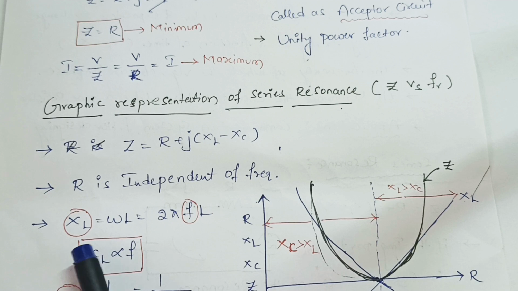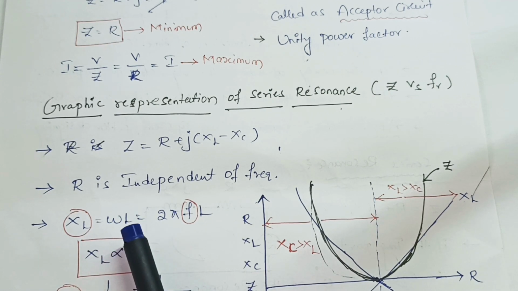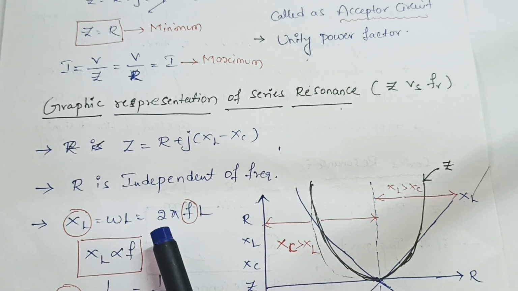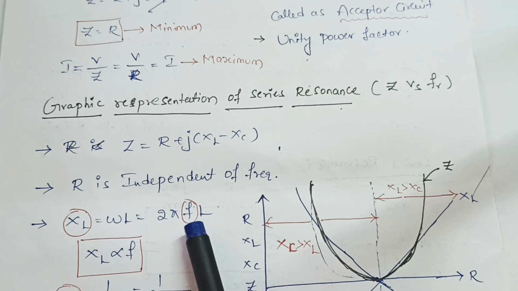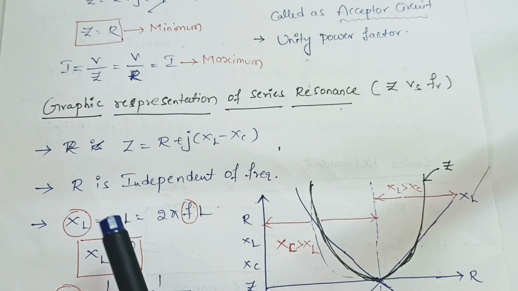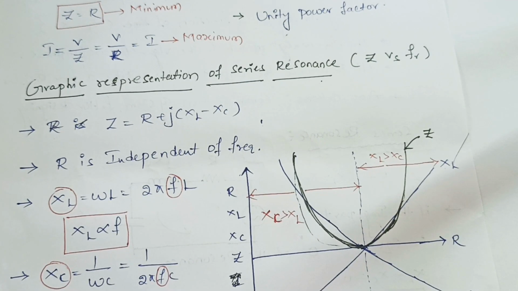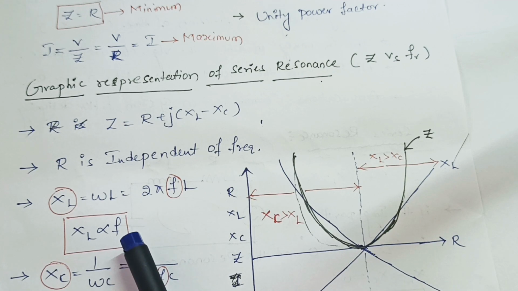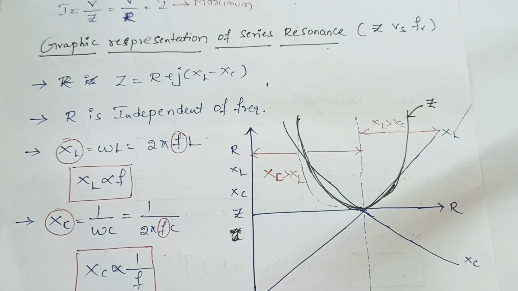Now coming to XL. If you write XL equal to omega L, that is 2 pi f L. The f and XL are linear, so XL is proportional to f. Similarly, XC is inversely proportional to frequency.